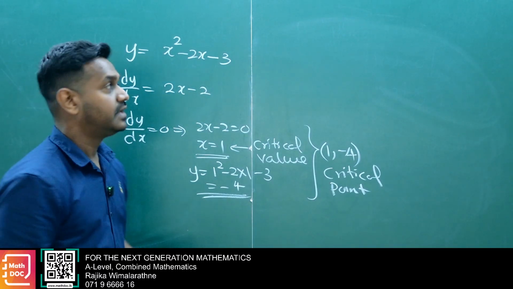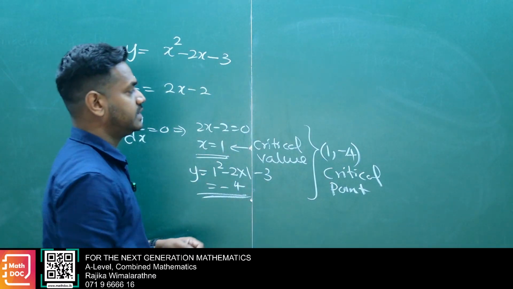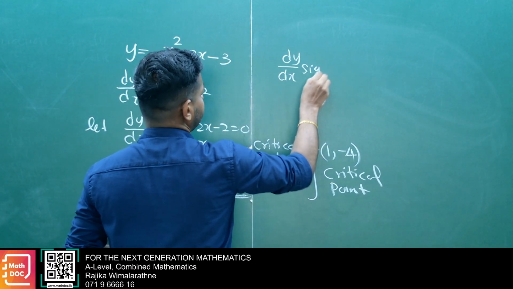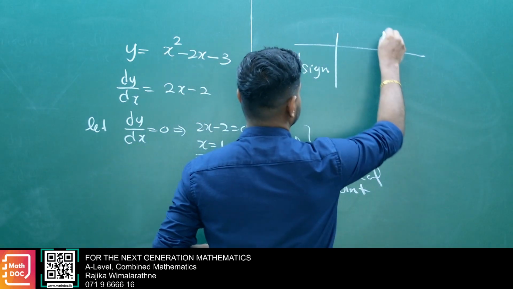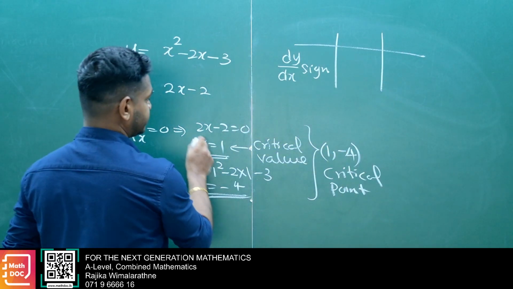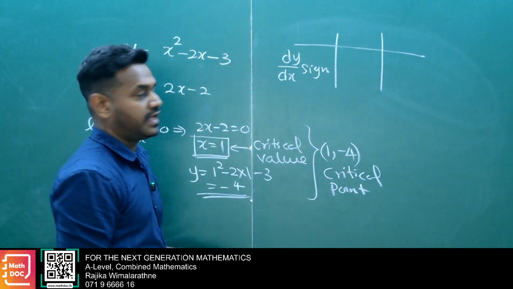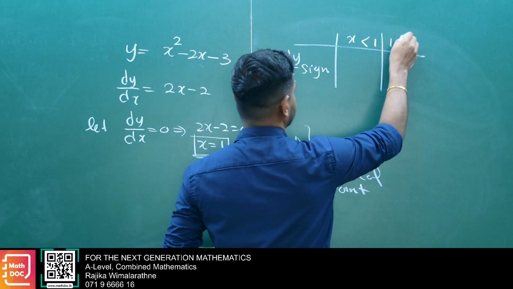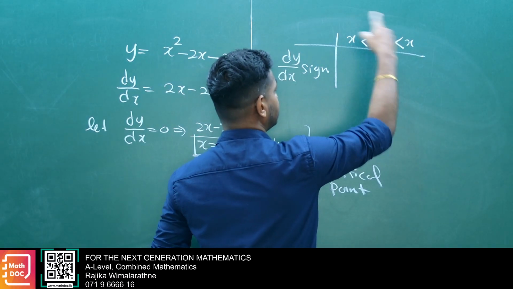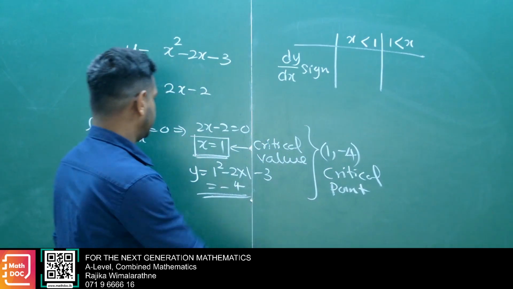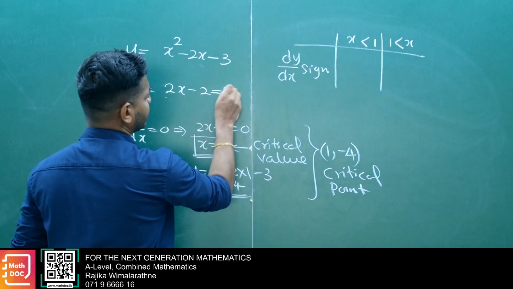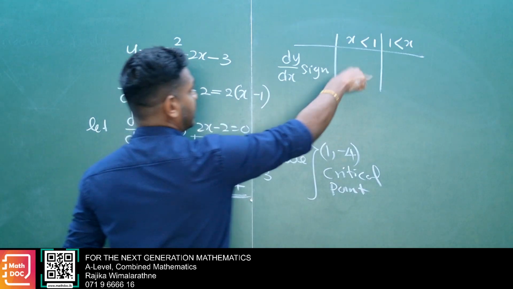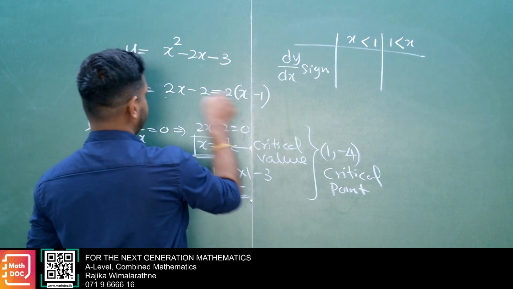Here this is a single variable function. So now you check the dy by dx sign. You have to check with this critical value x equals 1, the less than 1 and greater than 1 cases. For greater than 1 values, dy by dx is positive.